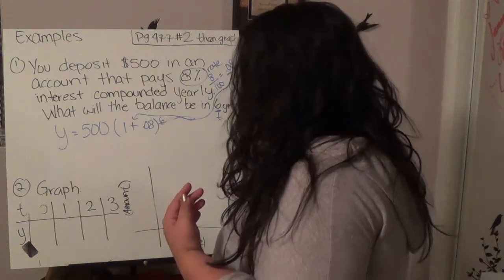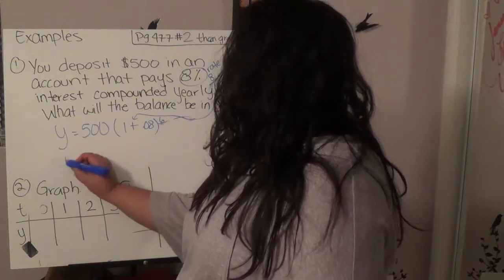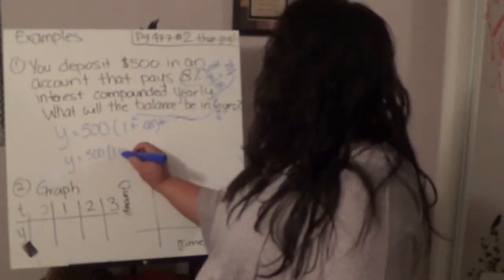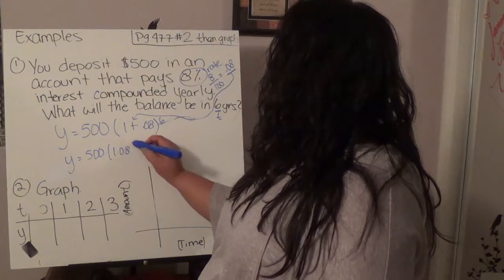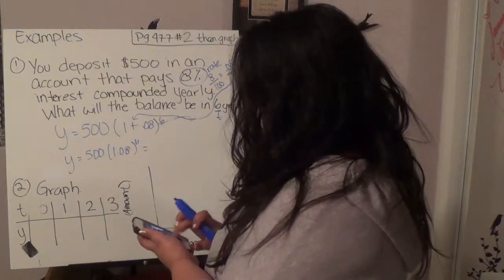Alright? So if I'm going to solve this, it's going to be y equals 500 times 1.08 to the power of 6, which is 1.08 to the 6th.